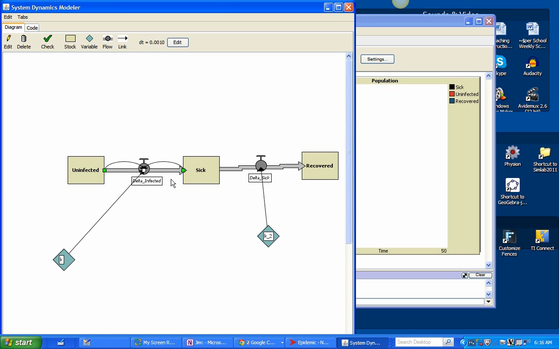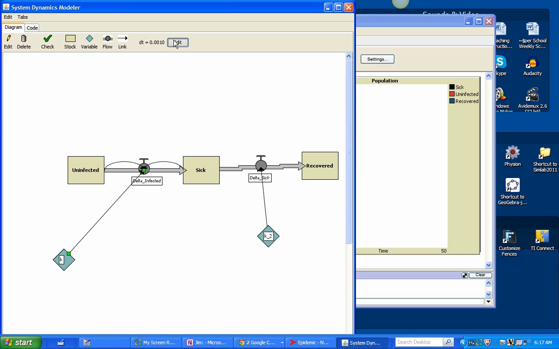And the sick people, see this little valve here? The bigger that valve is, the wider open it is, the more people are going to get infected. And we have a simple formula for figuring that out, which is not perfect, but it's not bad. And that formula basically is we take this constant K and we multiply it by the number of sick people and the number of uninfected people.